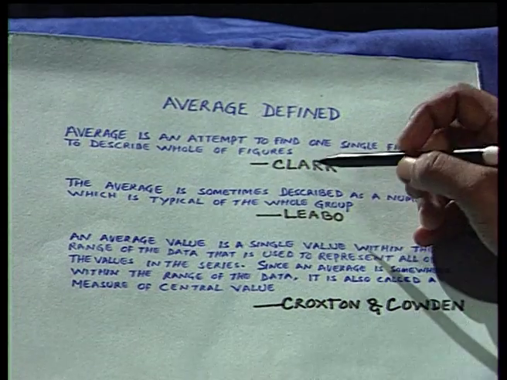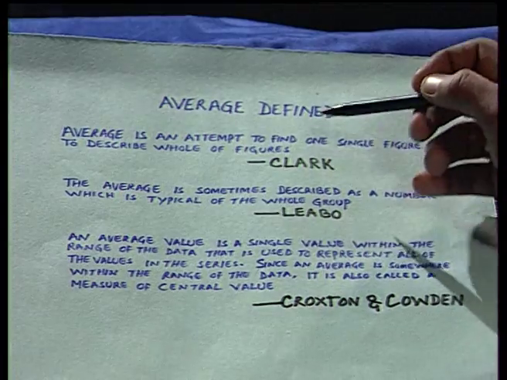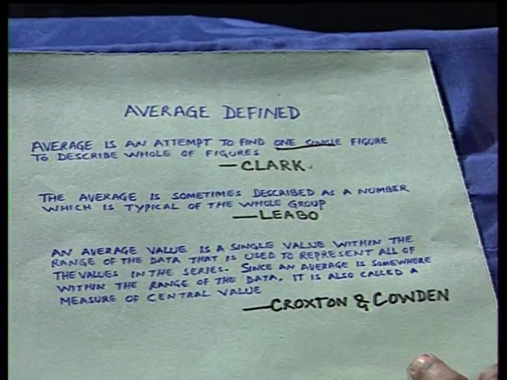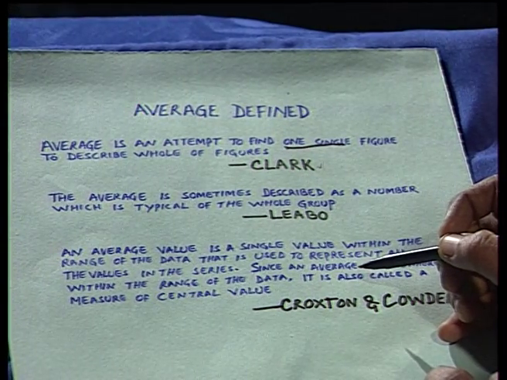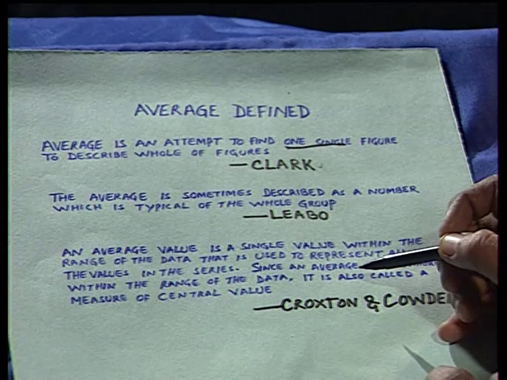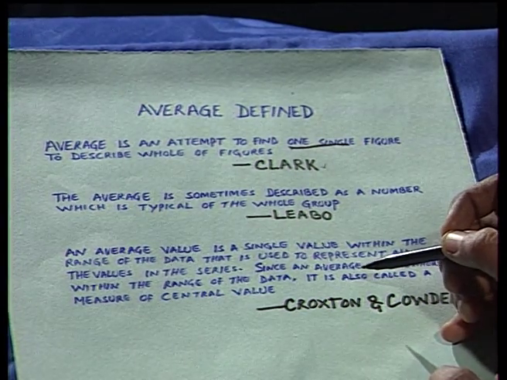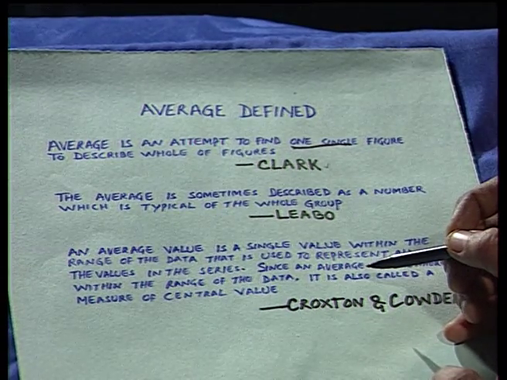For example, Clark has defined average as an attempt to find one single figure to describe the whole of the figures. In the same way, Lebo has also attempted to define the term average as a number which is typical of the whole group.